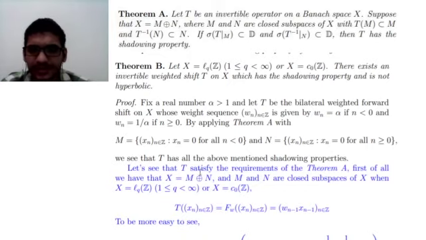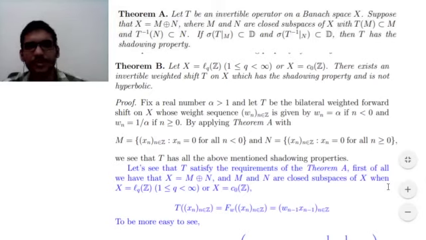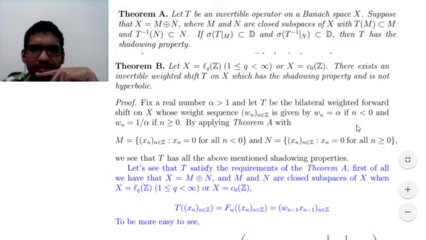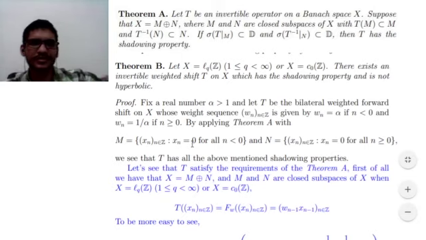Okay, let's see that T satisfies these requirements that I set in Theorem A. First of all, M and N are closed subspaces of X. Well, I forgot to tell something about T of M contained in M, but you can see that for the forward shift, you have the negative coordinates equal to 0.